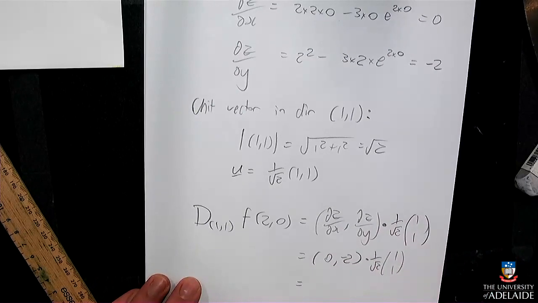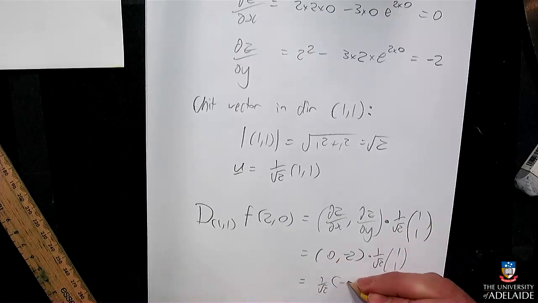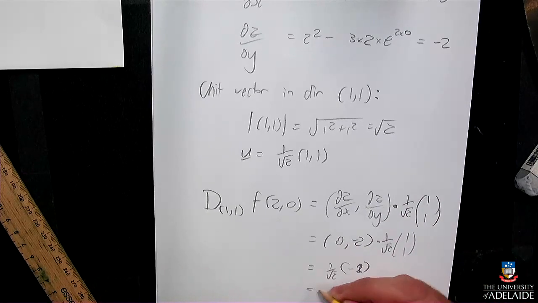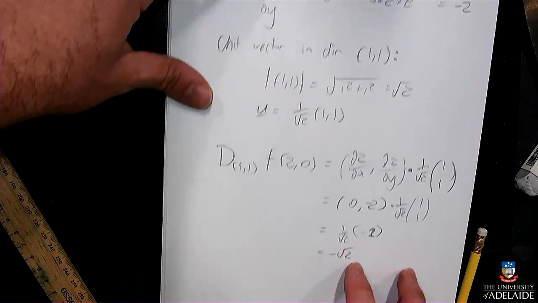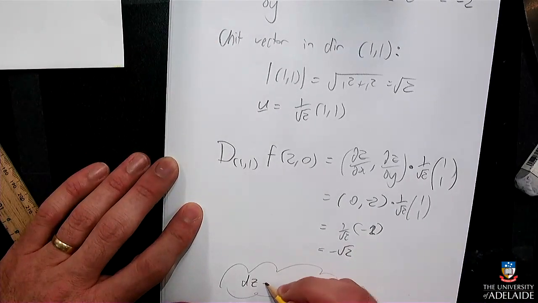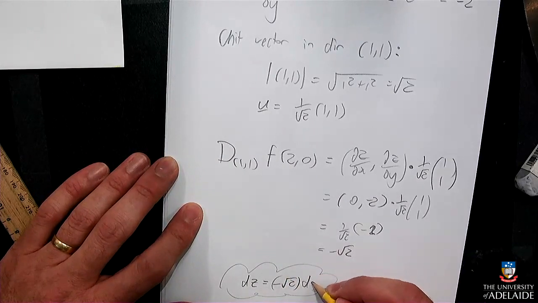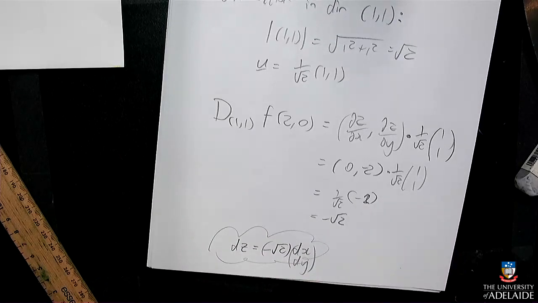So the 1 on root 2 will still be there. 0, sorry, which is negative root 2. So this is telling me, just in my head I'm thinking, that in that direction the dz is minus root 2 times the dx. Basically.